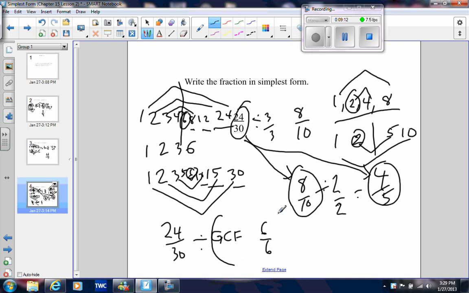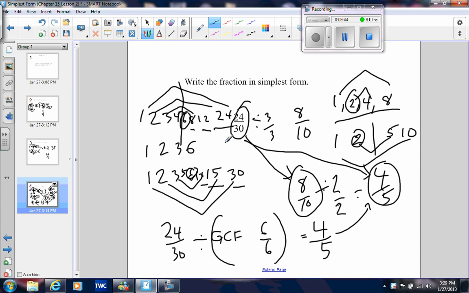If you take a fraction, divide by the greatest common factor, the biggest one you can find in the numerator and the denominator, you are going to get simplest form right away. So I would have gotten 24 divided by 6 to get 4, 30 divided by 6 to get 5. I would have gotten right to the simplest form right away. And that's the way it always works. If you divide the numerator and denominator by the greatest common factor, you will get simplest form right away.